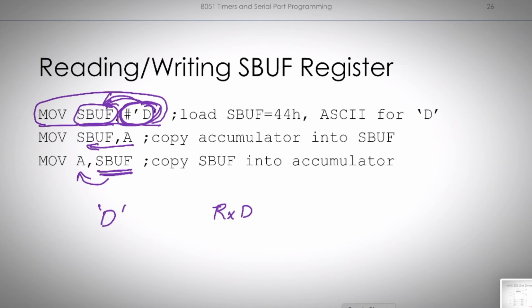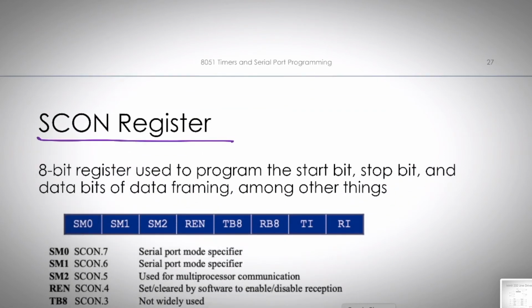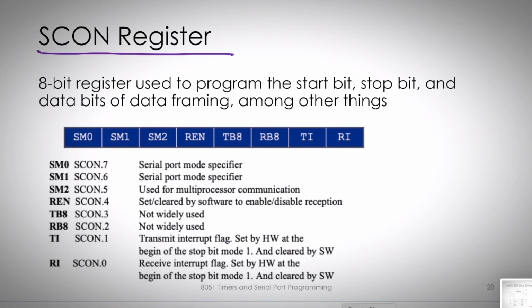Now coming to the next register. I told you there are two registers. That is serial buffer, which we have already seen, a special function register. There is one more register, that is the SCON register. Similar to our TCON register for the timer explanation, there is a serial control register, and this is also an 8-bit register.